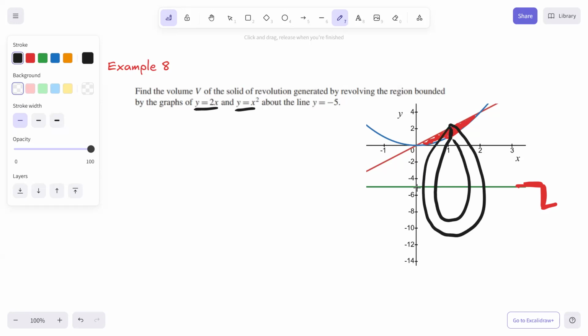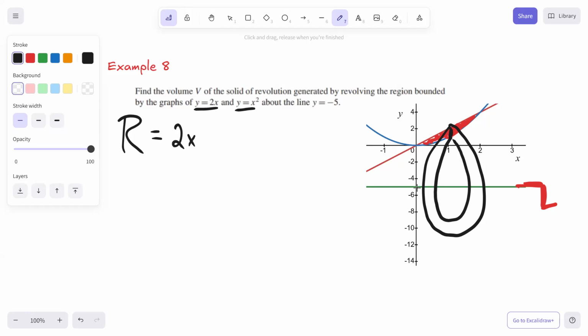Now in this case, we have a washer, okay? But it's not rotated about the x-axis, it's rotated about the line y equals -5. So the big R is going to be formed using the line y equals 2x, and it's actually about y equals -5, which is adding 5 units onto the radius. And here's how that makes sense.